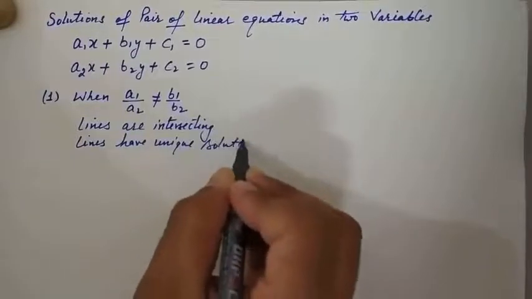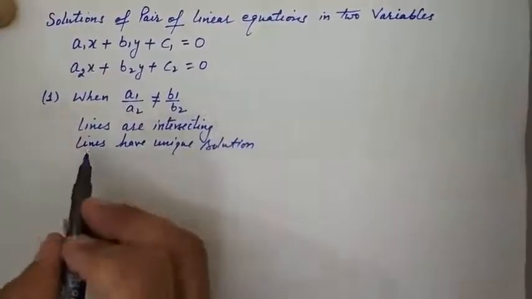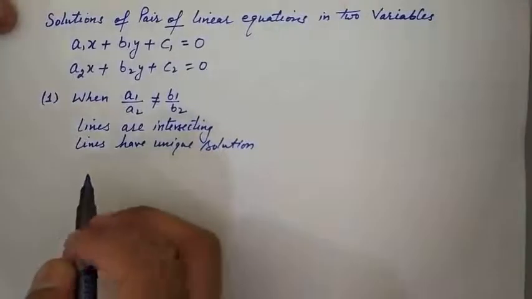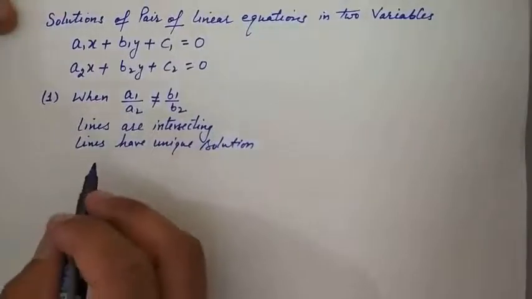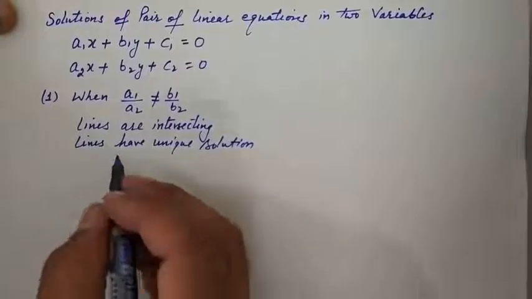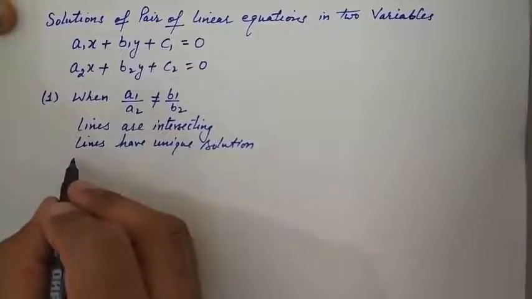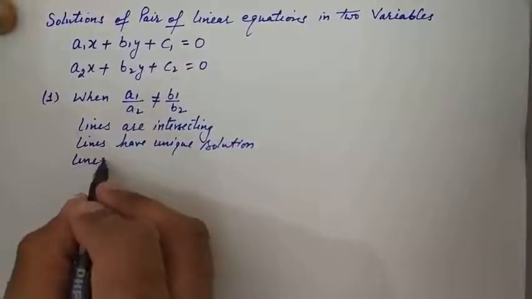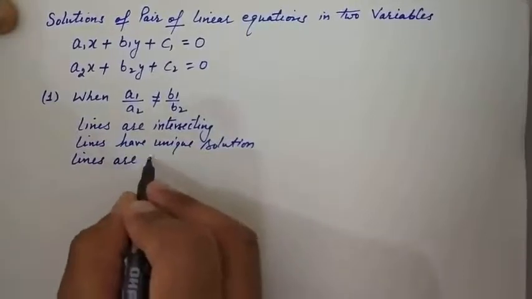And I tell you what that solution is: where the lines intersect, that point is the solution. And third, we say that the pair of lines is consistent. So we say that lines are consistent.